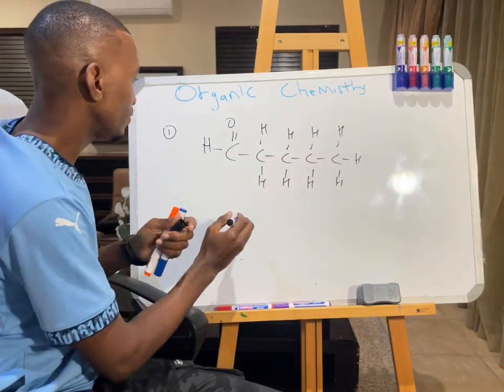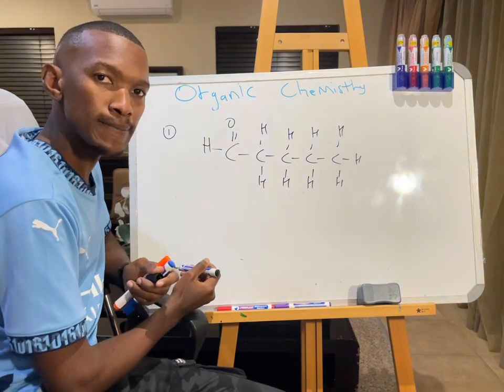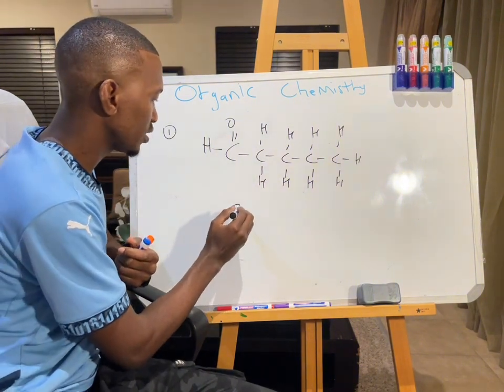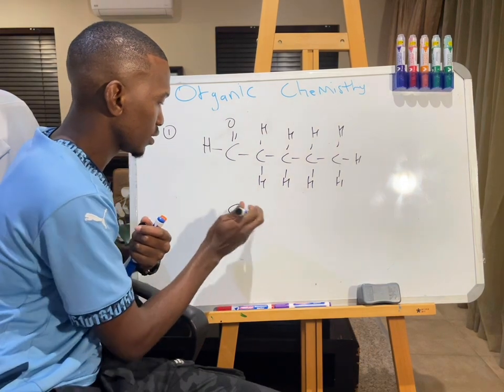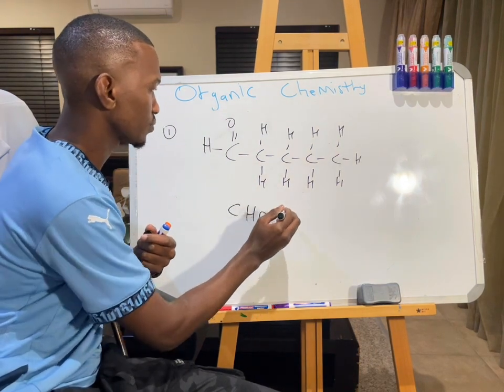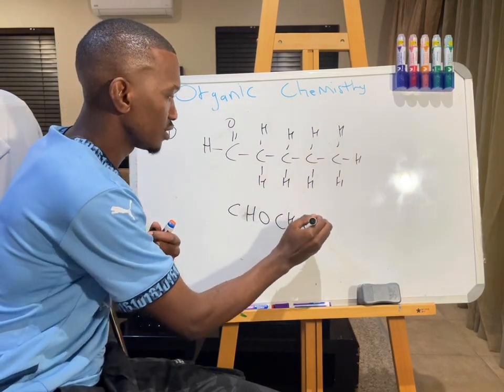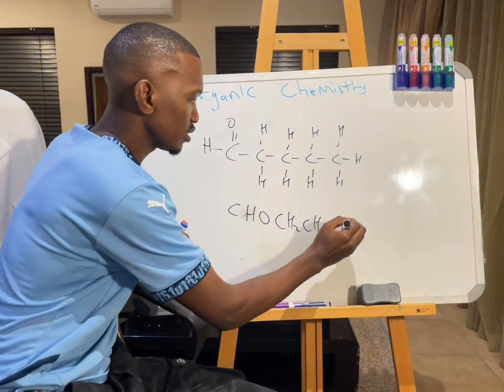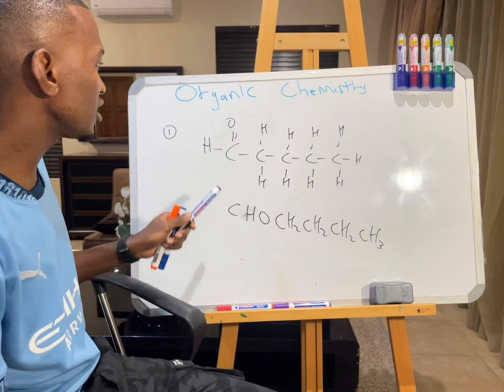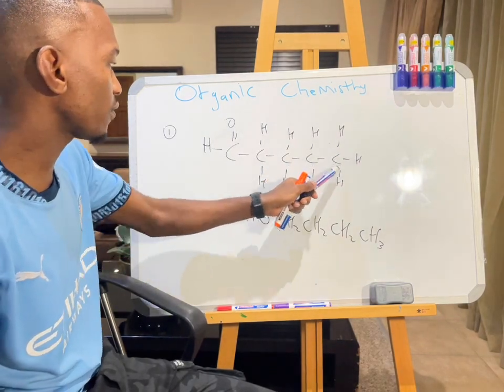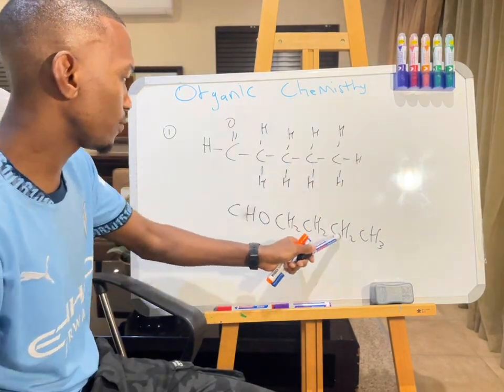So I'm gonna be having here, what is it going to be? CHO, CH2, CH2, CH2, CH3. Let's see if it's correct. How many carbons? 1, 2, 3, 4, 5.